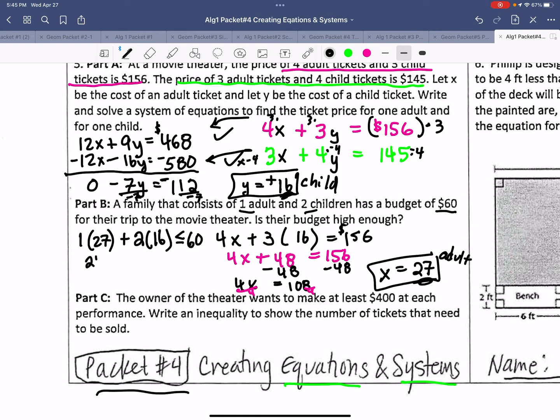Okay, so we have $27 plus $32. And will this stay within their budget, right? 59 is less than 60. So we can say, yes, their budget is high enough.